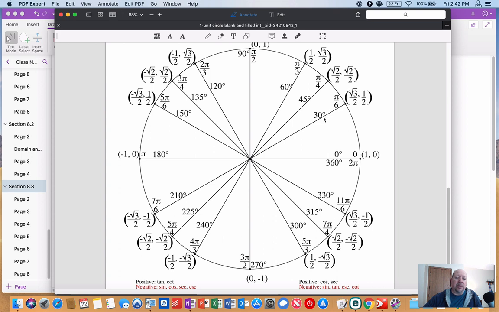So at 30 degrees, if I have an angle that has the same terminal side but goes around one more full rotation, 30 plus 360, because 360 is one full rotation no matter where you're at, is 390. So a 390 degree angle also has a sine value of 1/2, and that stands for all angles that have the same terminal side as a 30 degree angle.